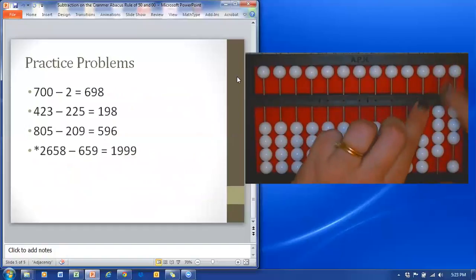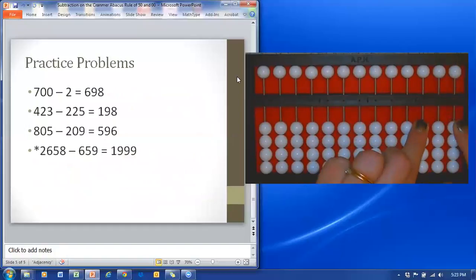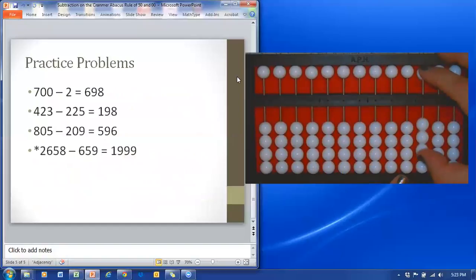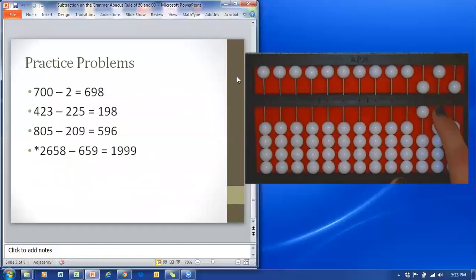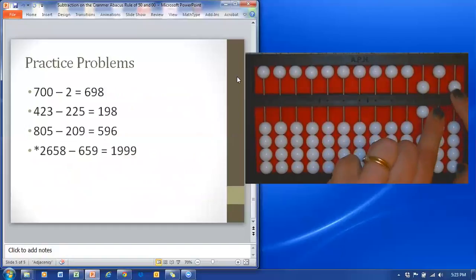All right, let's try another 3-digit number. 805 minus, and we're going to subtract our 200s, no tens. We're going to subtract 9 ones. So I'm going to take my 5 beat up using that rule of 5.